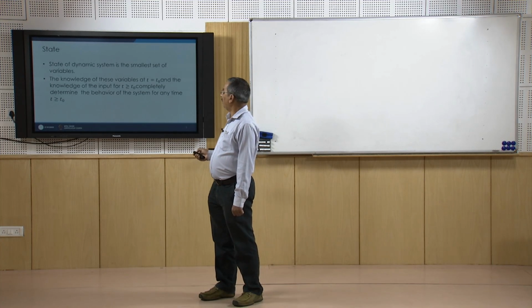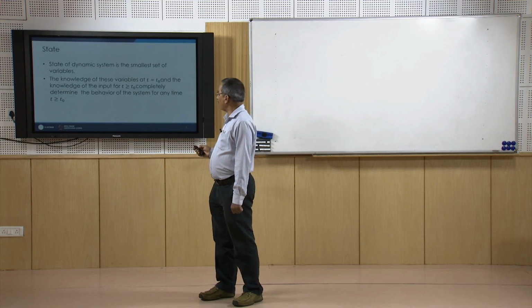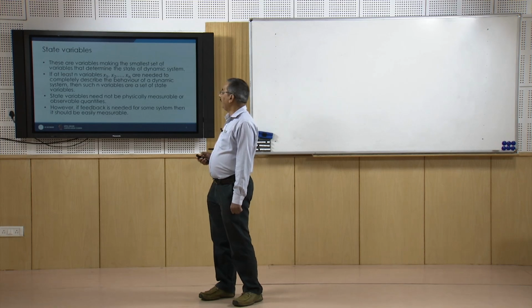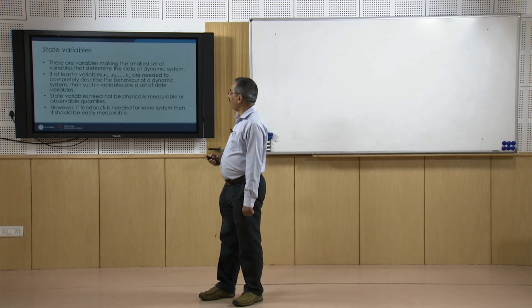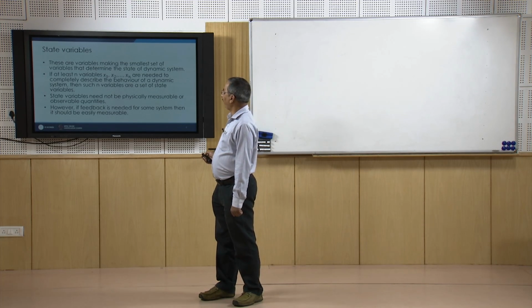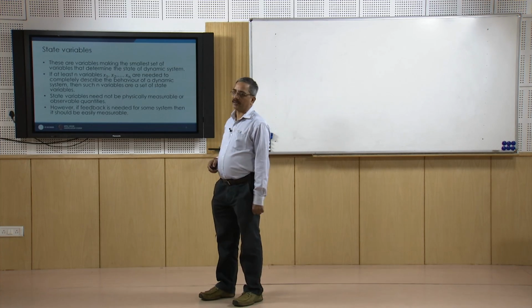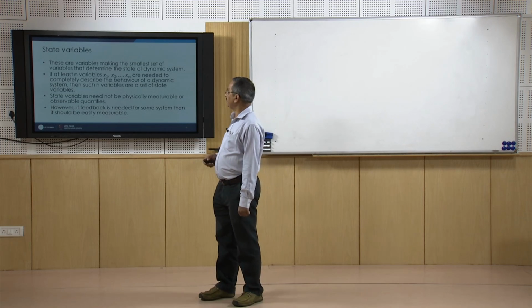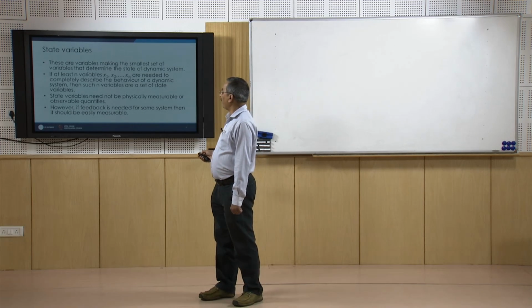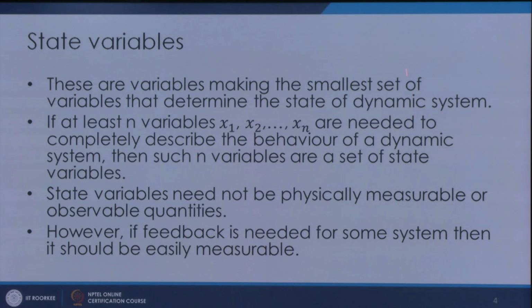This is how we define the state, and the state variables are basically the small set of variables that determine the state of the dynamic system.